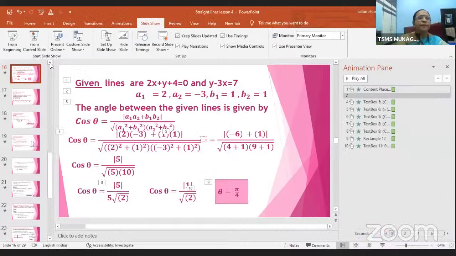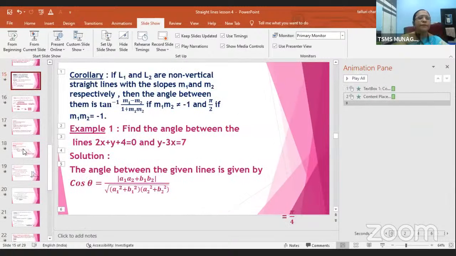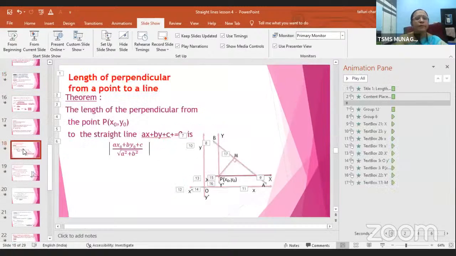We also have seen that tan theta is equal to m1 minus m2 by 1 plus m1 m2. Then we have seen the length of the perpendicular from a point to a line, which is modulus of ax naught plus by naught plus c by a square plus b square.